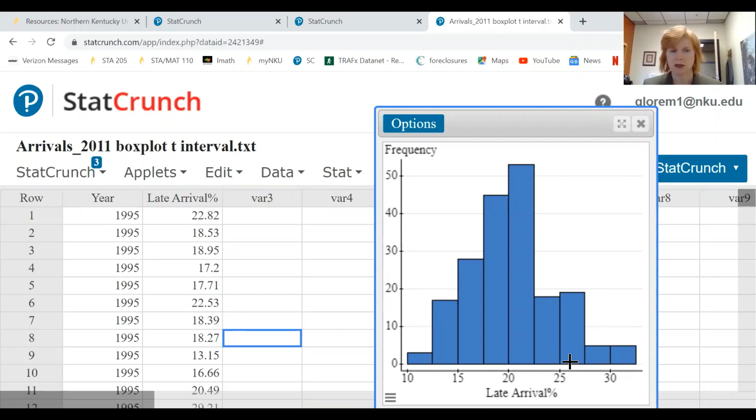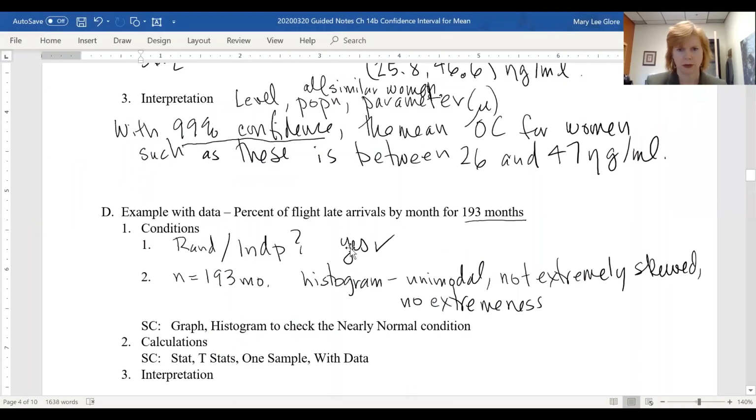No extremeness, so it meets the condition. Looks great. So the histogram, this was my question, is it skewed this way? And in actuality, it was unimodal symmetric. So that meets that condition.